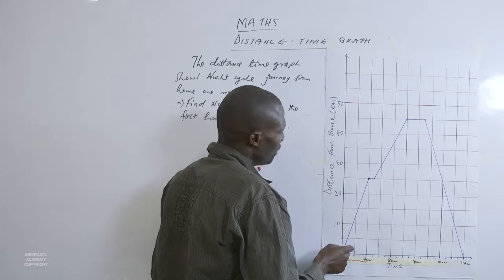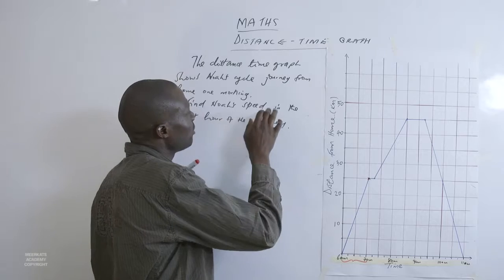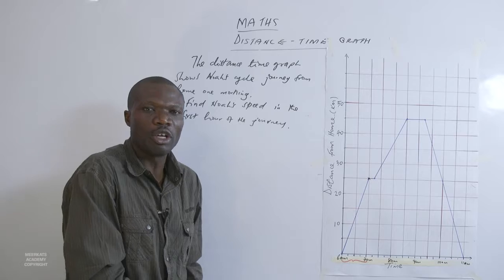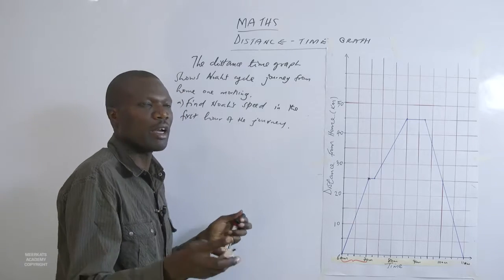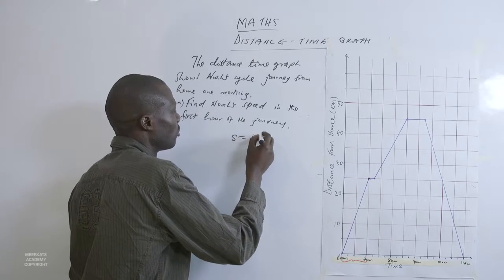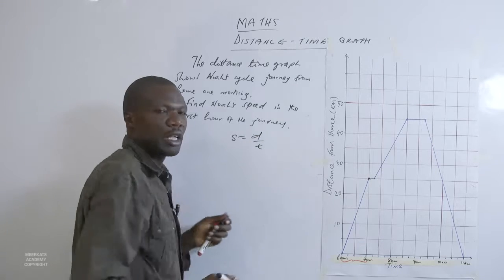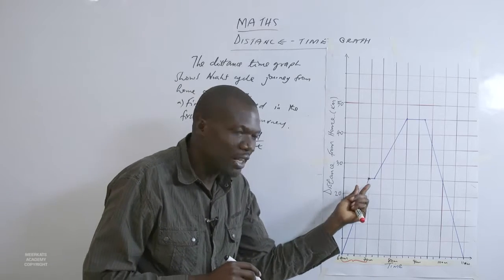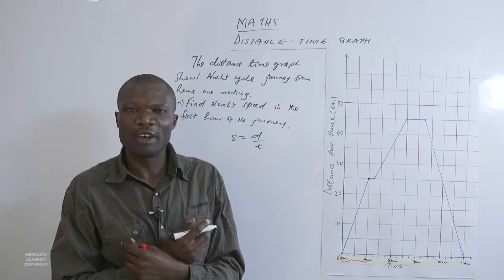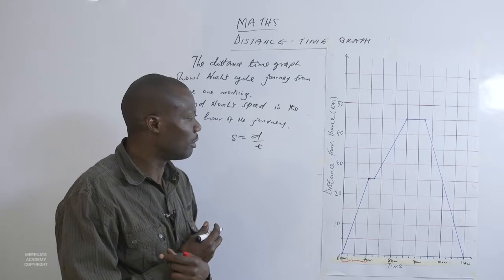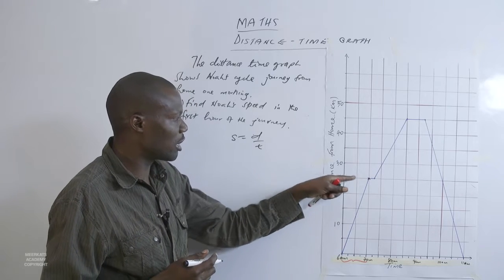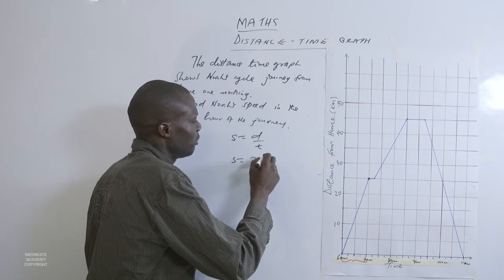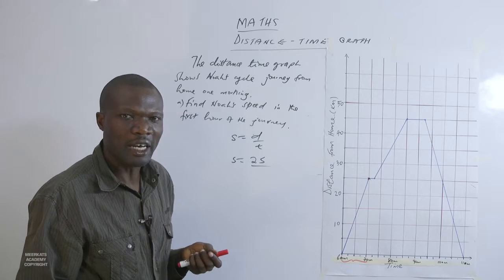So if they are asking us to find Noah's speed in the first hour of the journey, we need to use the fact that speed is total distance traveled over time. By the time we are taking the first break, how many kilometers have we traveled? This is 20, this is 30, and in between is 25. So it will become 25 over total time taken.